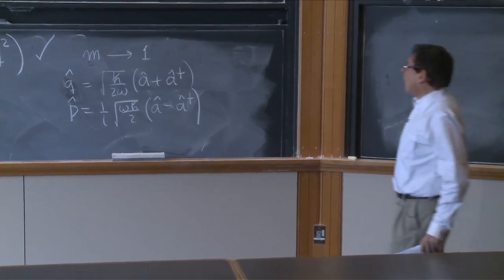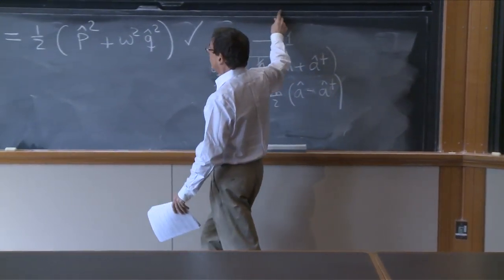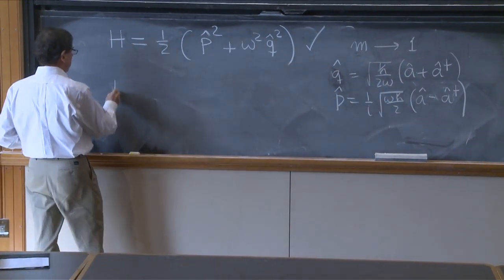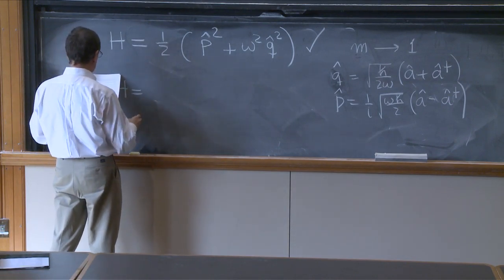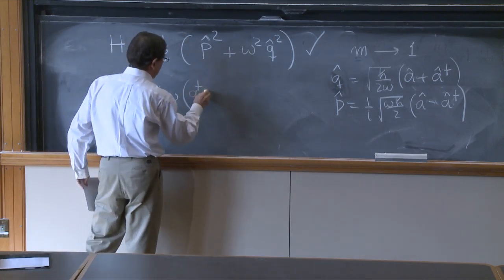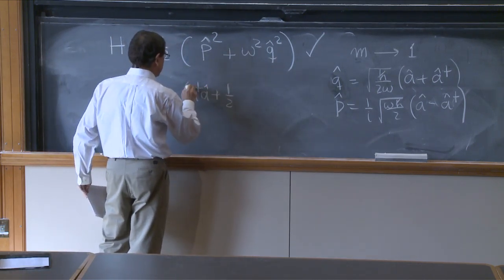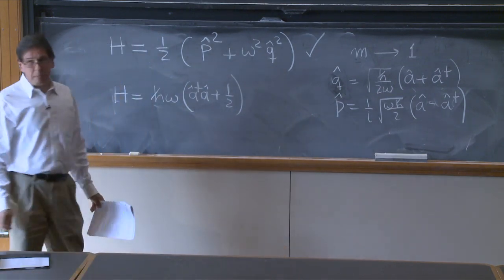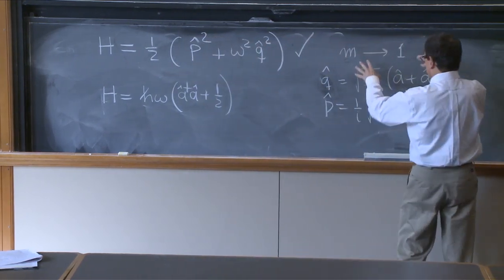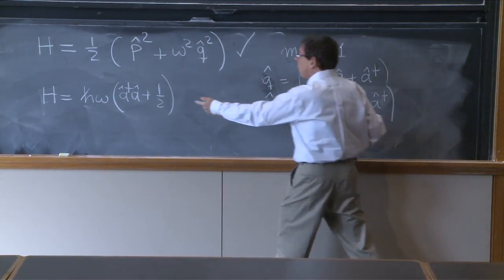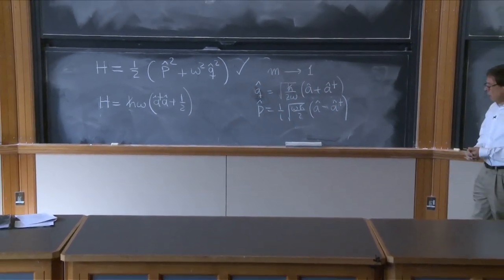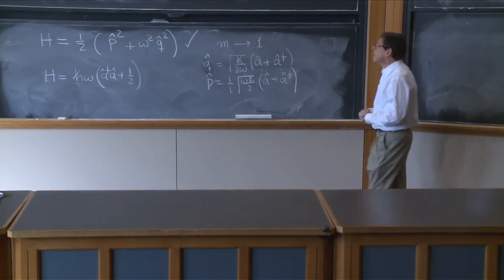So what else do we get from this Hamiltonian? Well, we can write it in terms of the number operator. So this Hamiltonian now is equal to h bar omega times (a dagger a plus 1/2). And this is just because this P and Q written in this way corresponds to m equals 1, and m doesn't show up anyway in this formula. So no reason to be worried that anything has gone wrong.